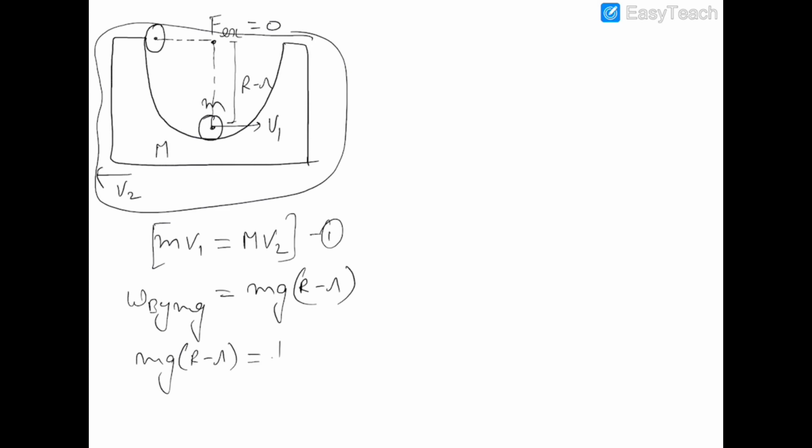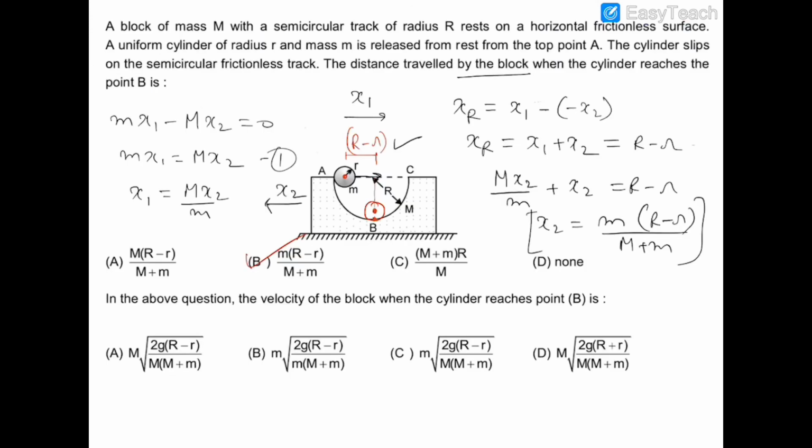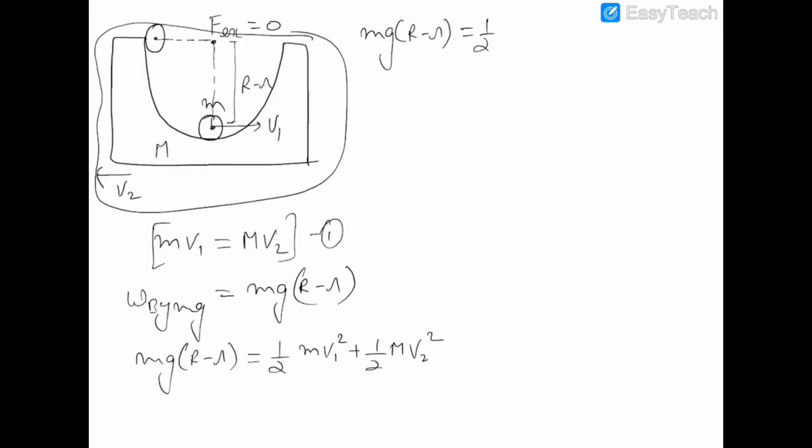So kinetic energy is half m v1 square plus half capital M v2 square. So mg into R minus r is equal to this, and we have to find out the velocity of the block, so we are replacing v1.